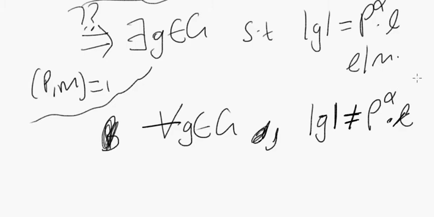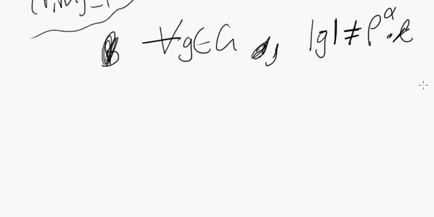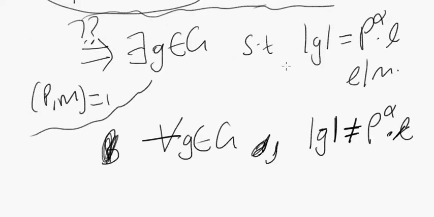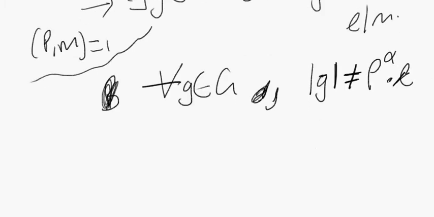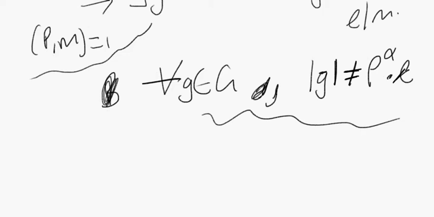So if we can obtain a contradiction here, wouldn't that mean that there must be some g such that the order of g equals p to the alpha times L? So perhaps contradiction will help us, but we're not sure yet.